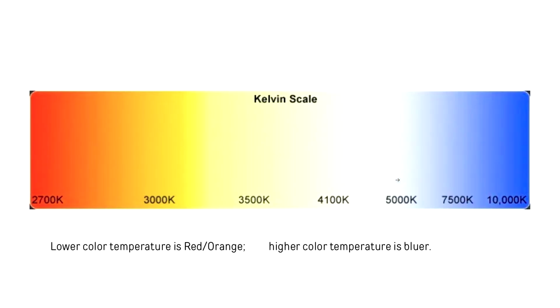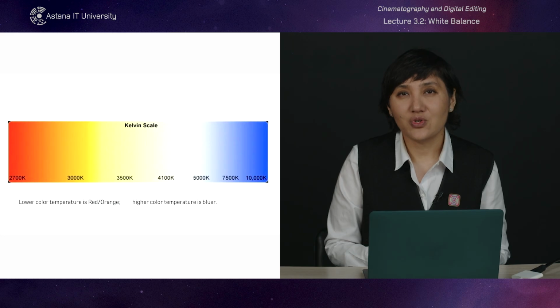White balance is measured in Kelvin, a unit that describes the color temperature of light. The Kelvin scale ranges from warm, low temperature light around 2000 to 3000 Kelvin, such as candlelight or tungsten bulbs, to cool, high temperature light up to 10,000 Kelvin, like overcast daylight or clear blue skies.